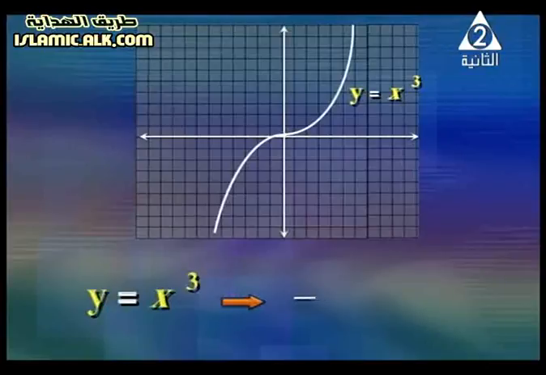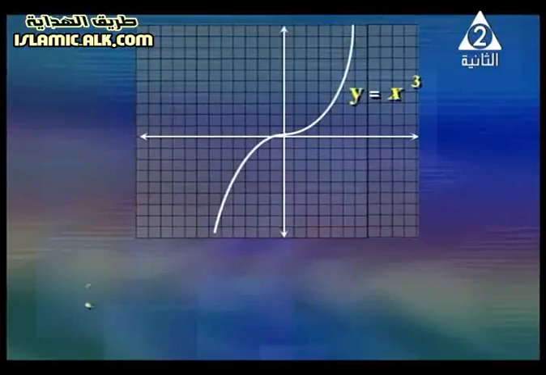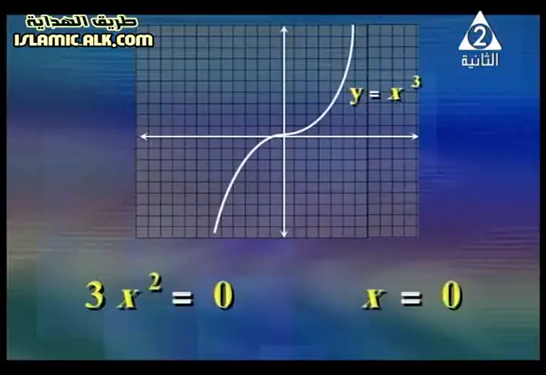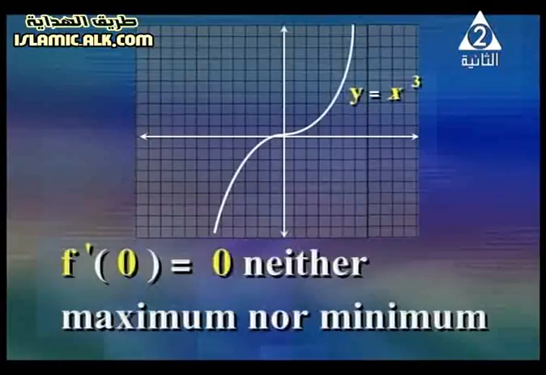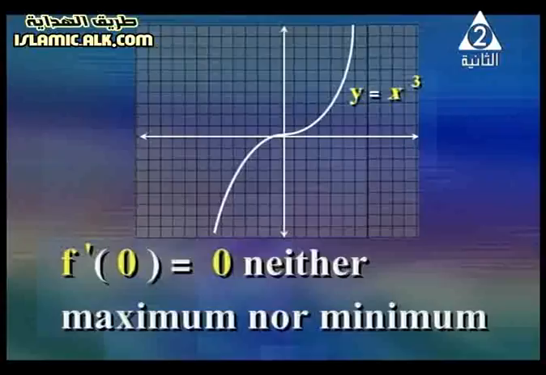For y equals x power 3, dy over dx is 3x power 2. When we set 3x power 2 equal to 0, we find x equals 0. Then at x equals 0, there is neither maximum nor minimum, and this function is differentiable. So y equals x power 3 has dy over dx equal 3x power 2, and it's not necessary that it has a local maximum or local minimum.